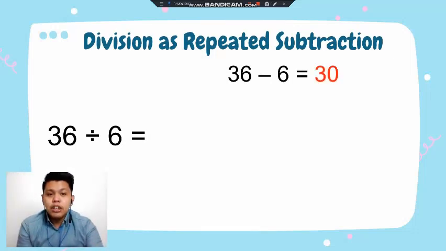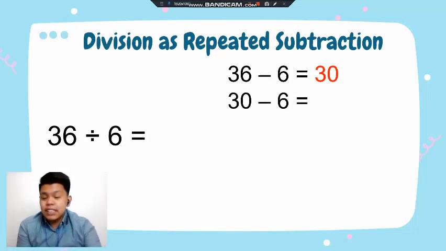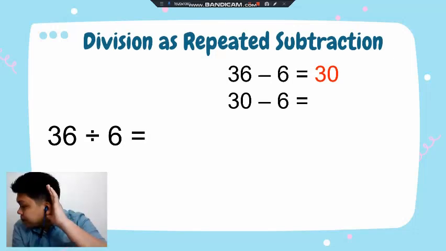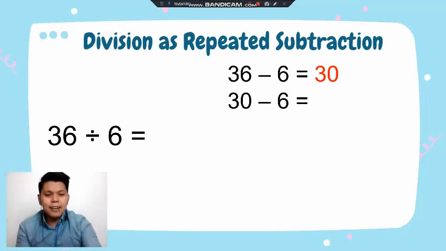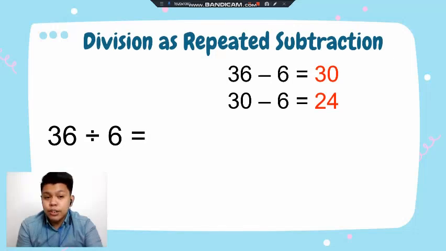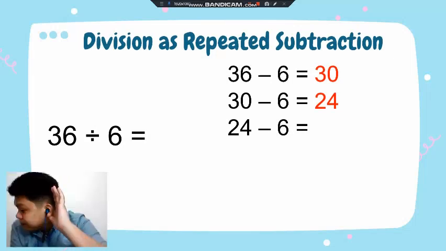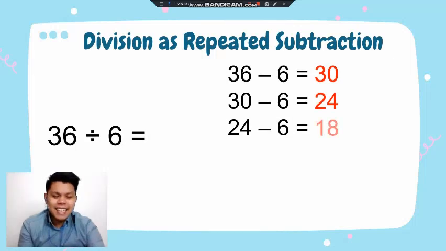So you need now to subtract 30 minus 6. Great job. That is 24. Again, repeat the process. 24 minus 6. You're doing great. That's correct. It's 18.